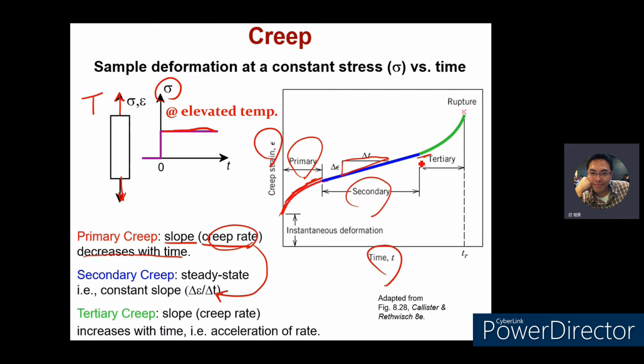The slope increases with time, right? So what does that mean? That means the acceleration of the creep rate. So its failure will be facilitated at the third stage.